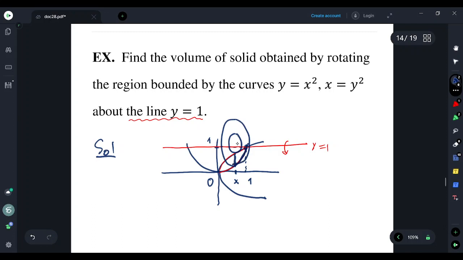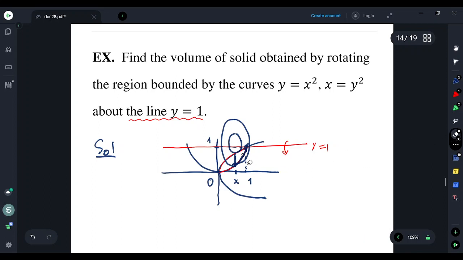And then to calculate the area, you're going to need to have the outer and inner radius. The figure is not quite good.